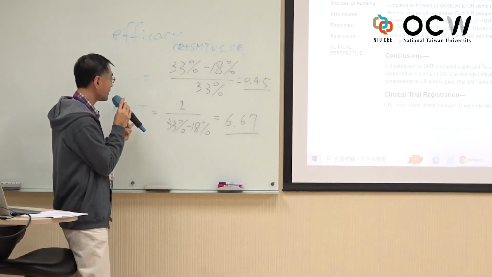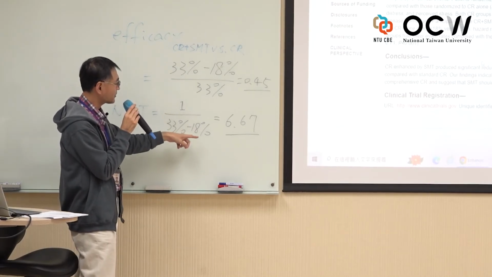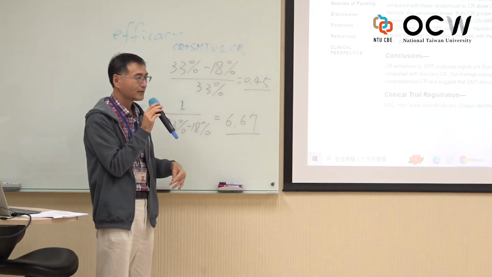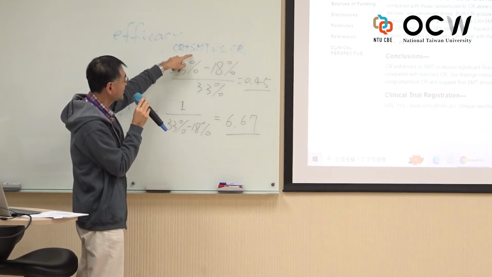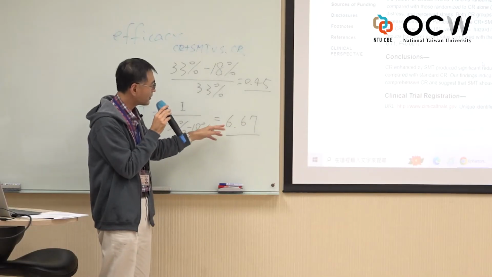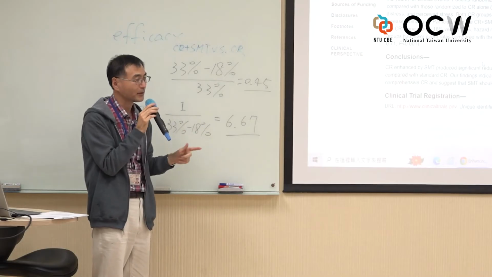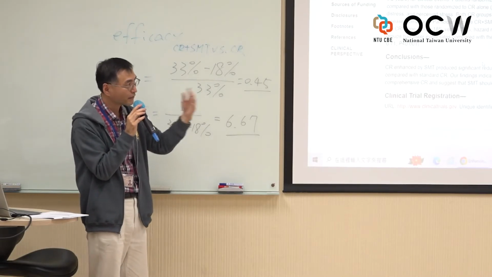Okay, and the NNT will be 1 divided by 33% minus 18%, so 6.67. So in other words, if you apply the new method, this plus this, compared to the old method, you just need to treat a little bit more than 6 people, maybe 7 people. You can save 1 from the unwanted event in the follow-up period.